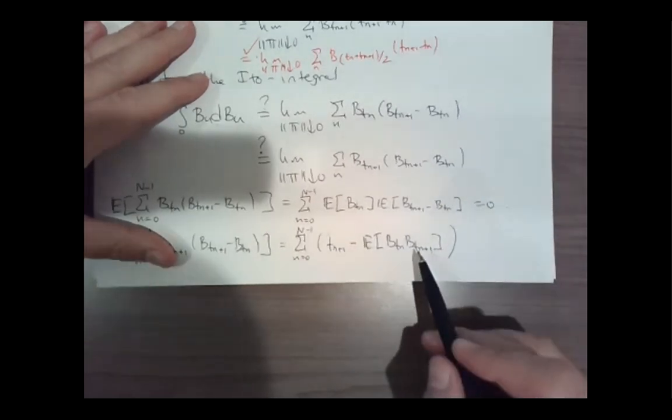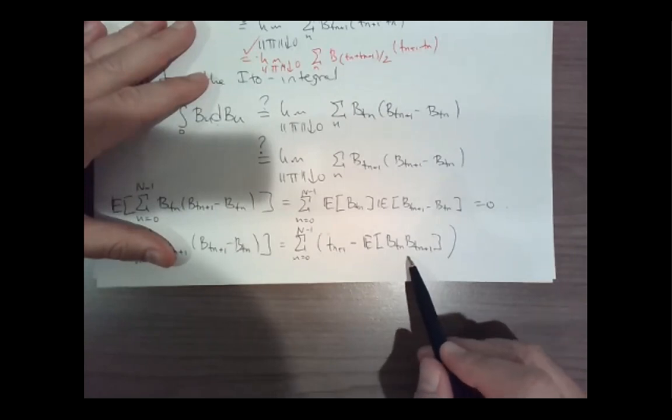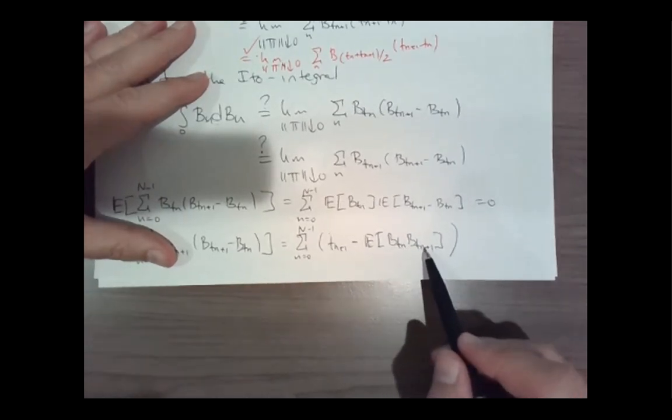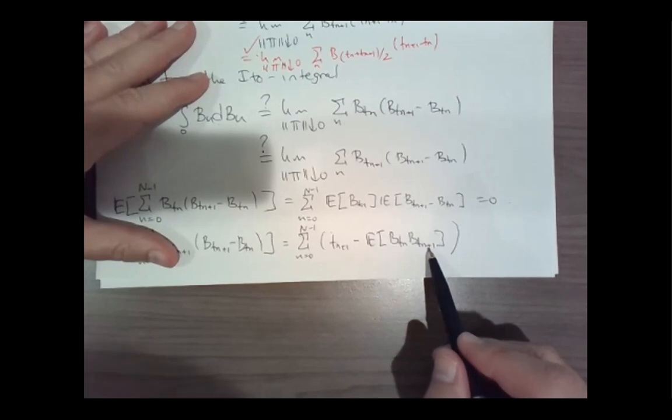How would we compute that one? Can we say these aren't independent? They're not independent. But you could try to make them independent. What could you do?